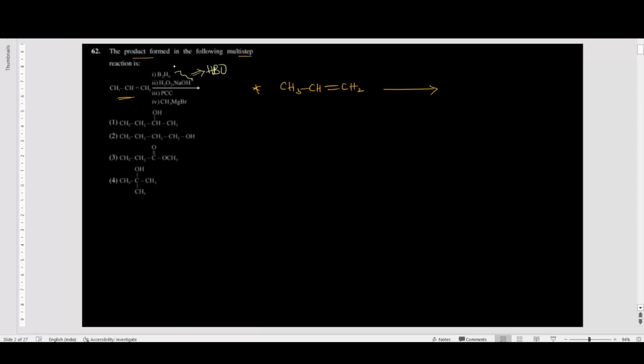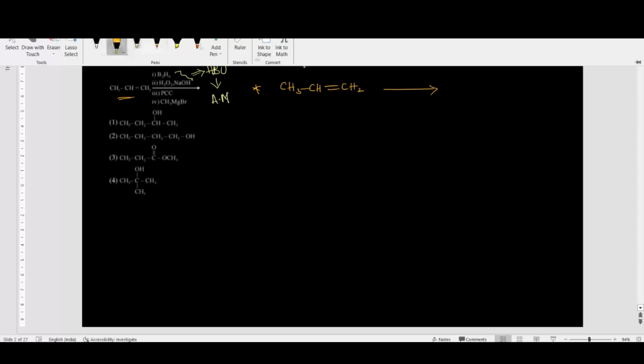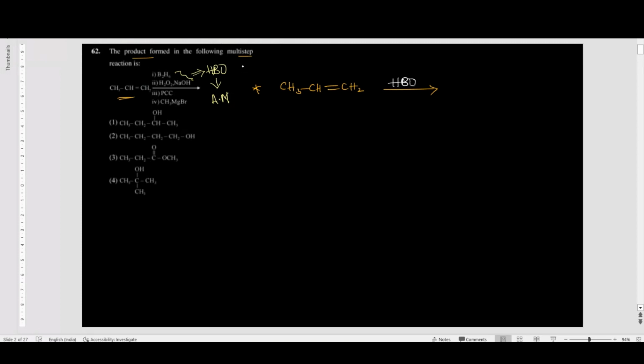As we know, this hydroboration oxidation reaction will give the product according to the anti-Markovnikov rule, and it's simply addition of water only. We'll get alcohol. So over here we'll get the product, let me write it over here. This is hydroboration oxidation.